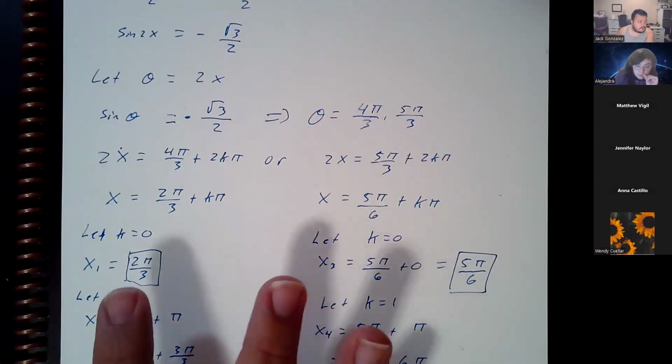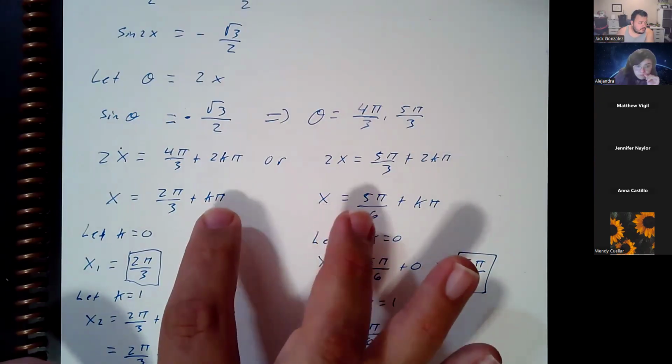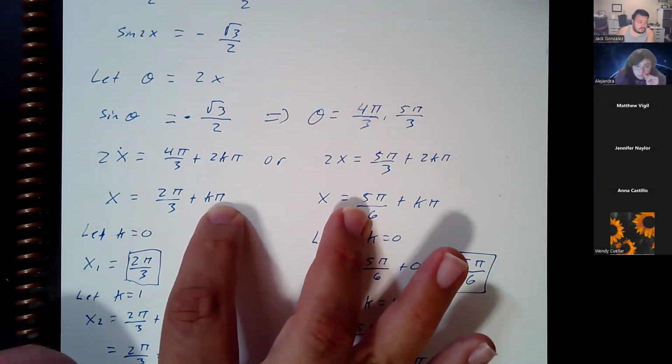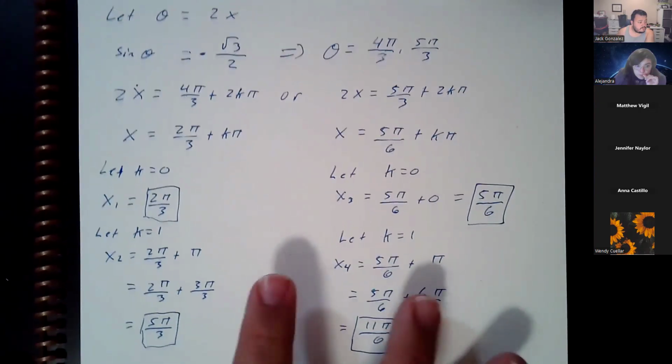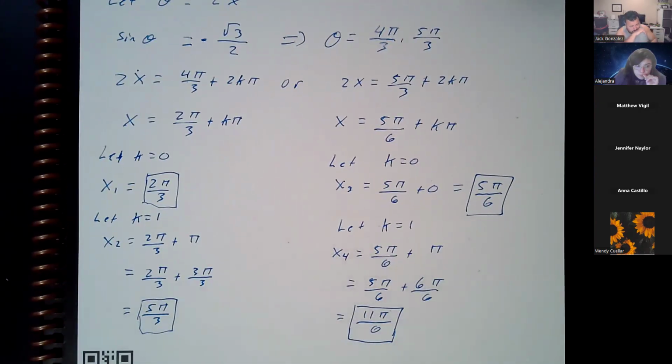But I will have to do the k equals 0 and 1 once I get to after this step. So treat it as if they didn't say 0 to 2 pi, but then add an additional step here. That's how I think of it. Does that make sense?